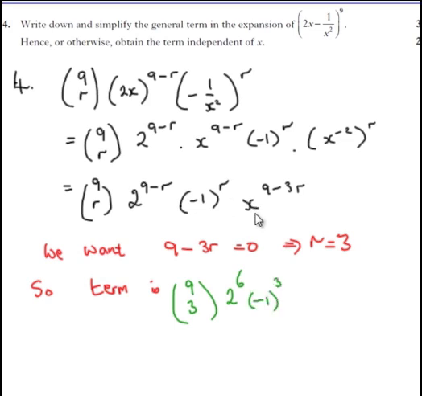And this last term, x to the 9 minus 3r, when r is 3, will just be x to the 0. 9 choose 3 is 84, times 2 to the power of 6, which is 64, times minus 1 to the power of 3, which is minus 1, and x to the 0 is just 1. So multiplying this gives us our term independent of x, negative 5376.